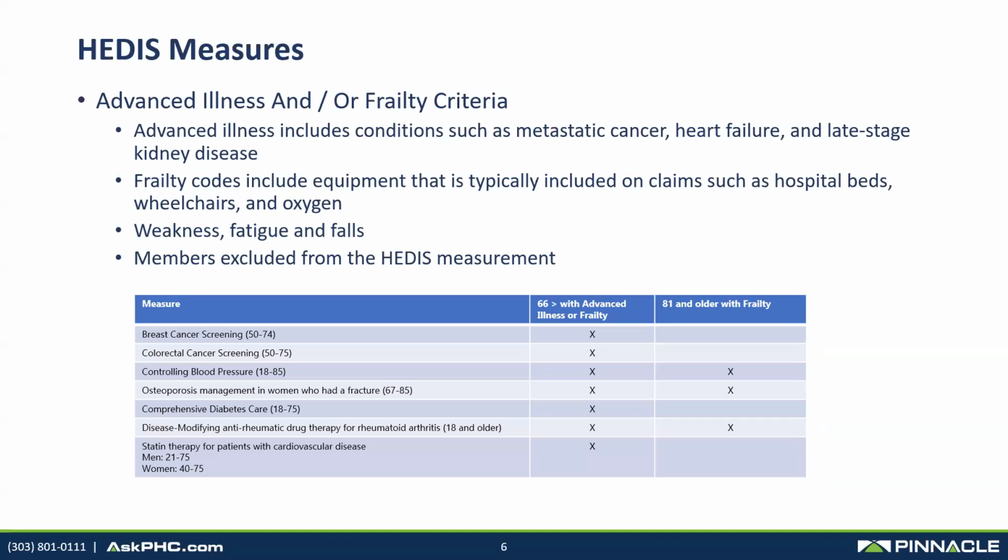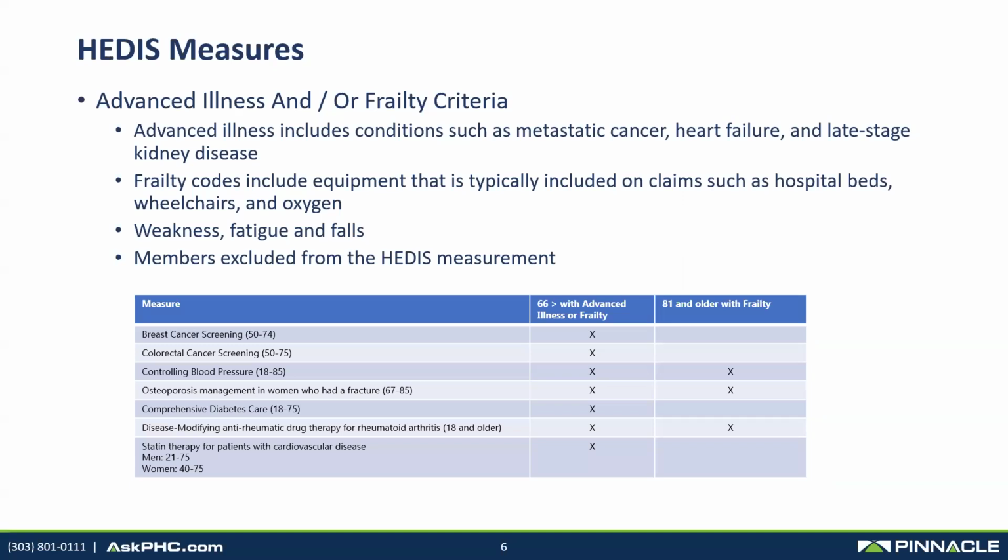And so what I did was I gave you the members that would be excluded from the HEDIS measurements based on an age group with advanced illness or frailty, and/or a patient that's 81 years or older that has frailty documented. Our breast cancer screenings are for women aged 50 to 74.